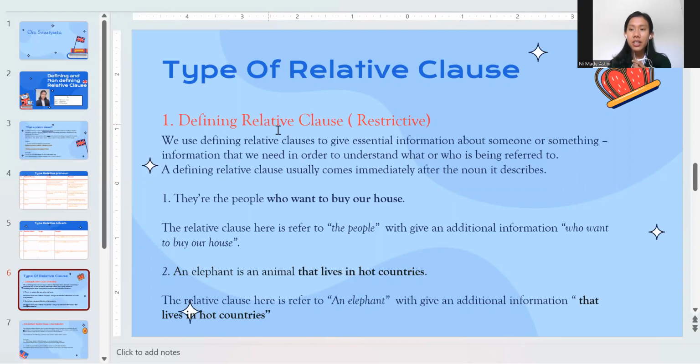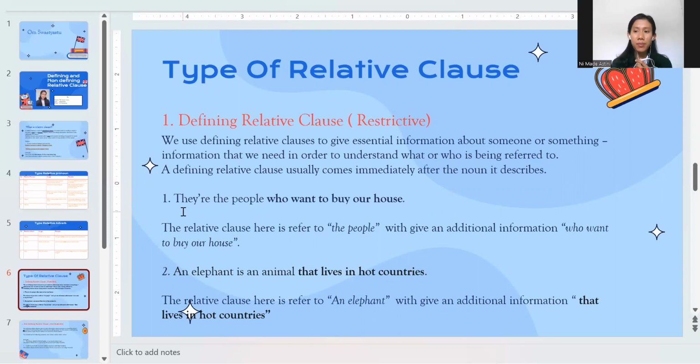So defining relative clause gives us essential information that we really need to understand the sentence. Defining relative clause usually comes immediately after the noun it describes.